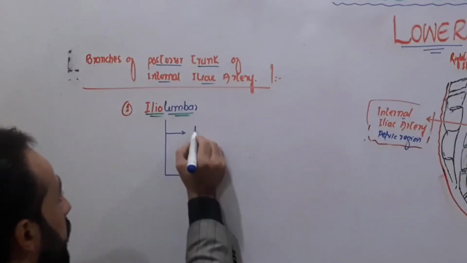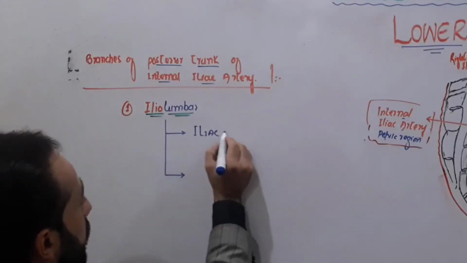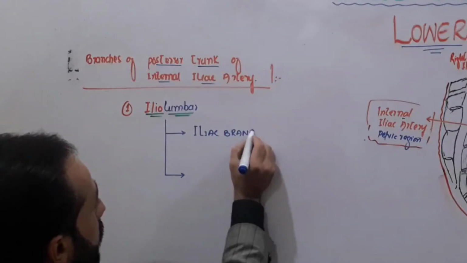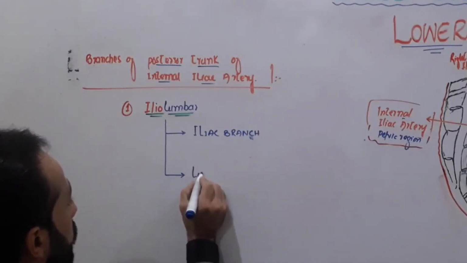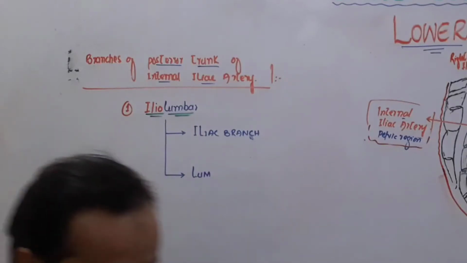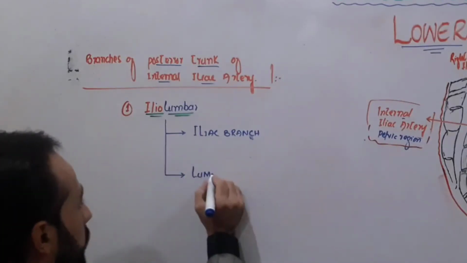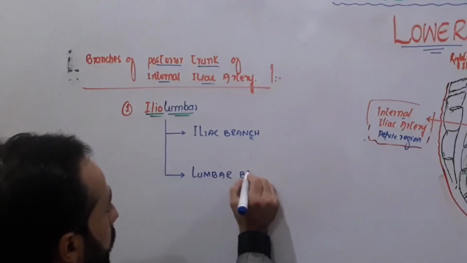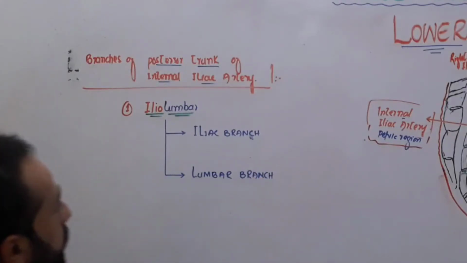Those are the iliac branch and the lumbar branch. Okay, it's clear now.